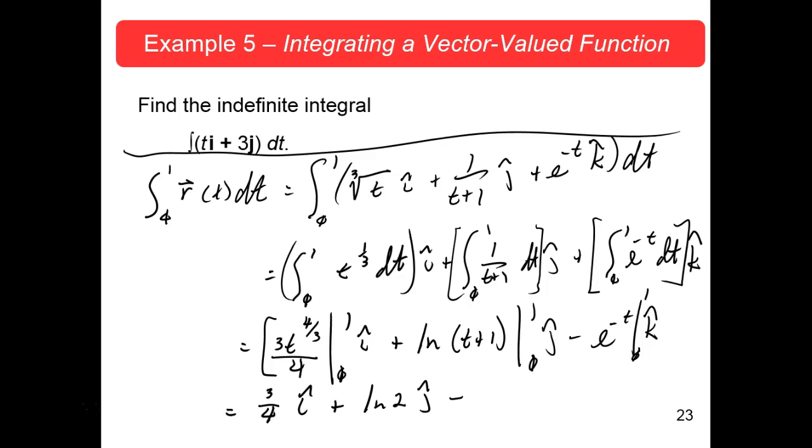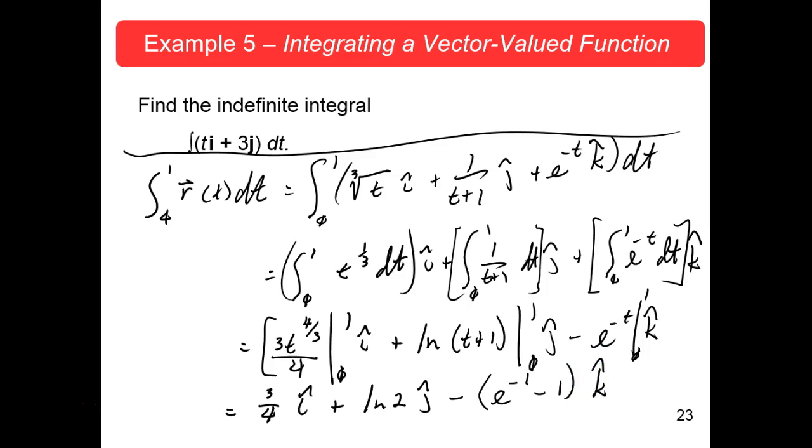This one you have to be a little careful on. Okay, I'm going to put the minus and open a parentheses. And what do you get here? e to the minus 1 minus e to the 0. What's e to the 0? 1. Okay? And that's going to be your k.